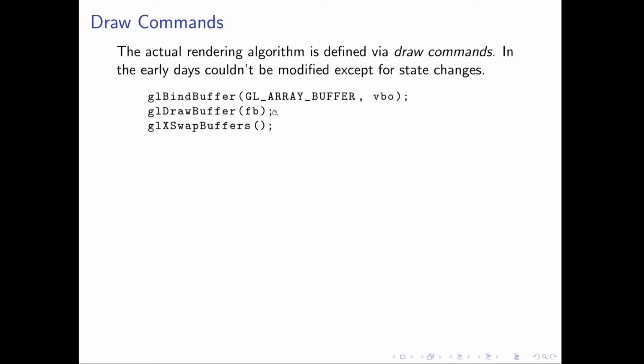Then OpenGL would draw what's in the buffer, maybe to the current back buffer if we have configured a double buffering context. It would just draw to the back buffer, and under the hood the rasterization algorithm would be executed, and we wouldn't have much control over how it would be executed.